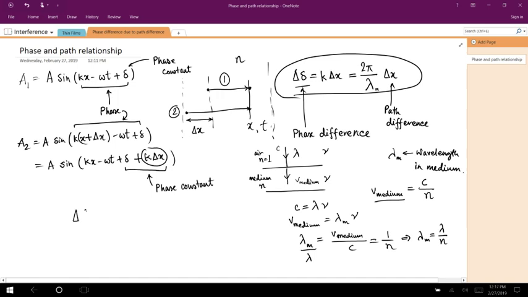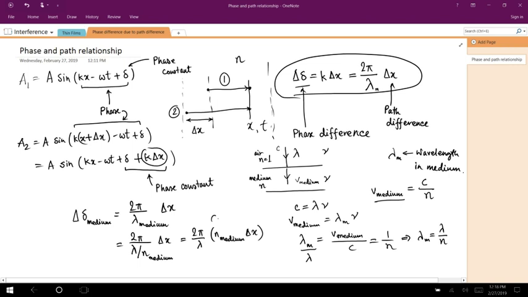So delta delta in a medium, delta delta medium, becomes 2 pi over lambda medium times delta x, which is equal to 2 pi over lambda over n. N is the refractive index of the medium, so let's call it n medium, times delta x, which is equal to 2 pi over lambda times n medium times delta x.